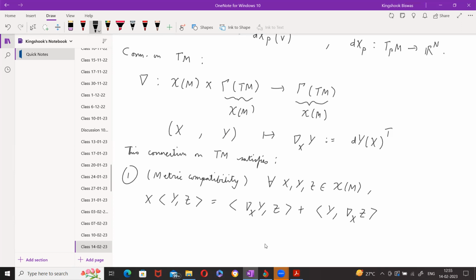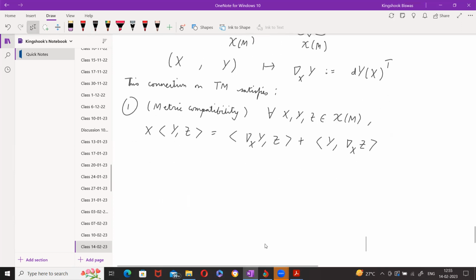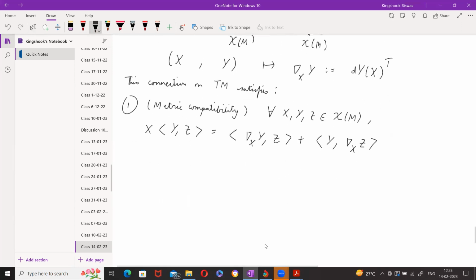The proof of this is simple because the inner product with respect to the induced metric on the manifold is just the same as the Euclidean inner product in Rn. So this will follow from this.